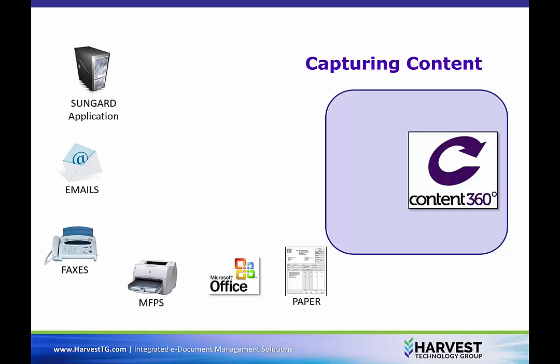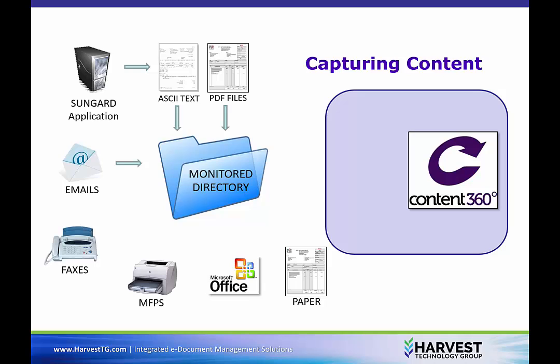First and foremost, most of the documents that you're going to be generating are going to be generated out of eFinance Plus and eSchool Plus. Anything that's generated out of those two applications can automatically be sent to a monitored directory where Content 360 will poll that directory. When it sees those documents, it will grab them, inject them into Content 360, and automatically index them.